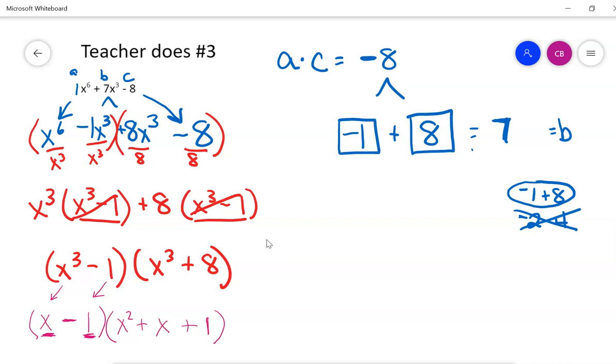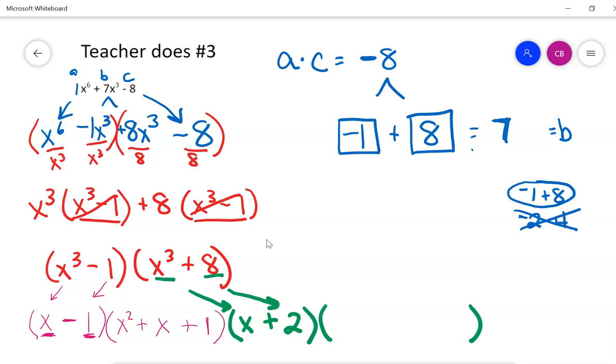Let me use a different color. I'll use green to factor the next one. For the next one, I have x cubed plus 8. My x cubed becomes x, and I'll put the 8 in my cube root calculator, and it tells me 2. So that's that first part, and then I'm going to make my factors.